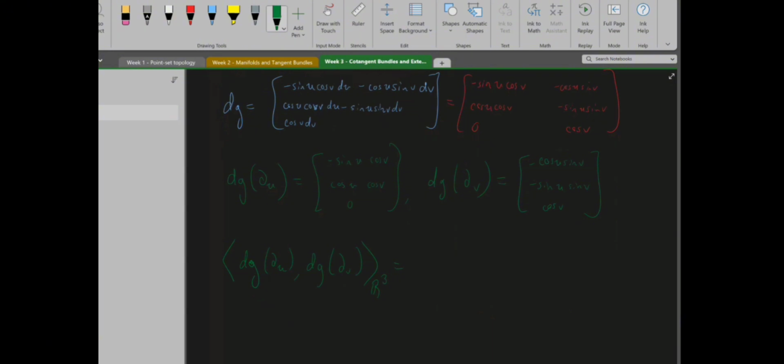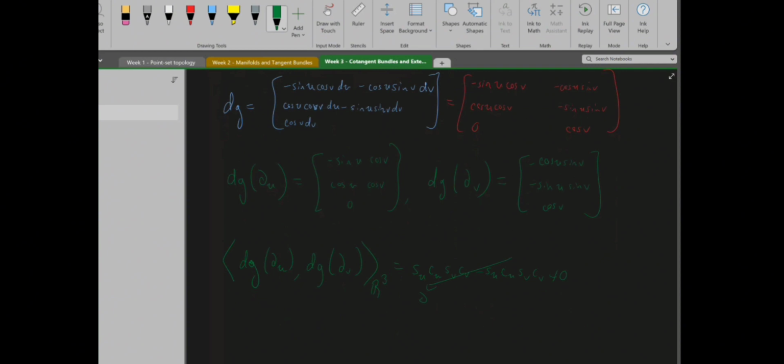So it's sine u, let me just write SU, two negatives cancel, cosine u: SU CU SV CV, and then you have minus SU CU SV CV. So these two die together, and then finally plus 0.